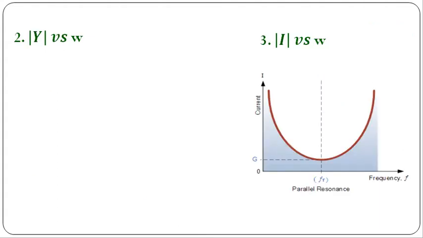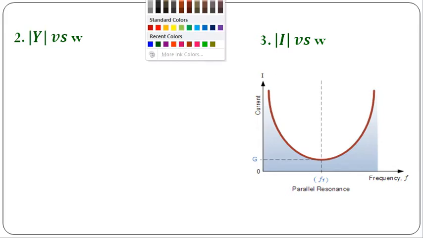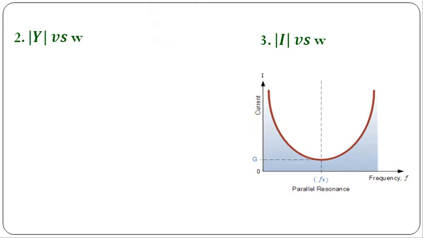Now let us see admittance versus frequency characteristics. So in parallel resonance, parallel RLC circuit, the admittance Y is given by G plus j (BC minus BL).